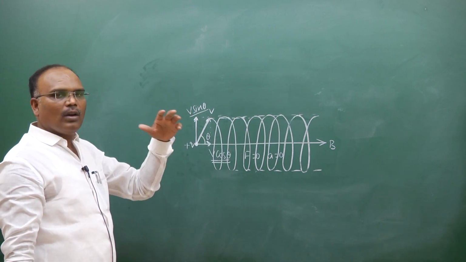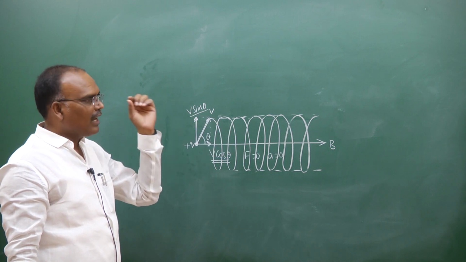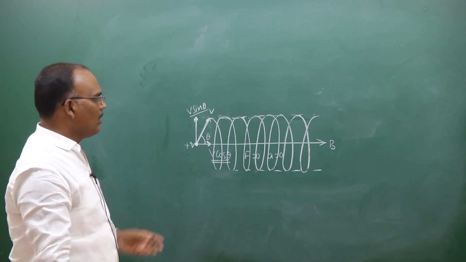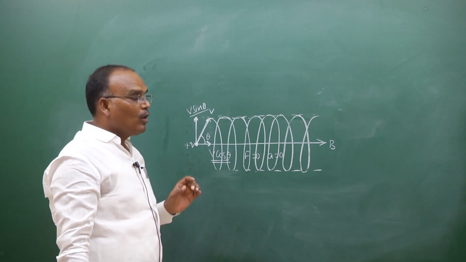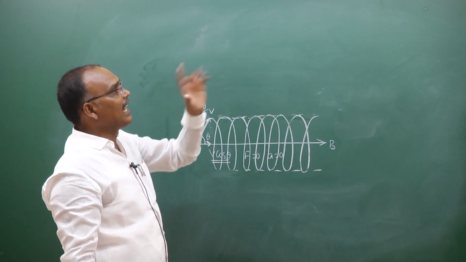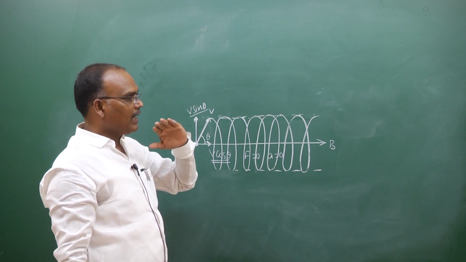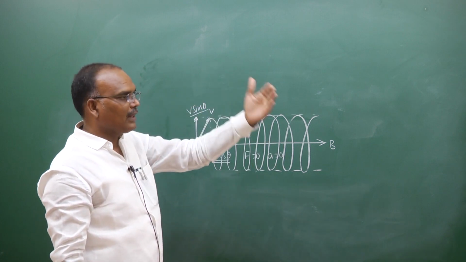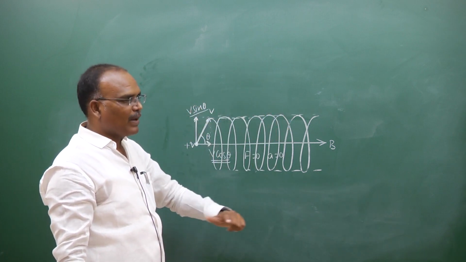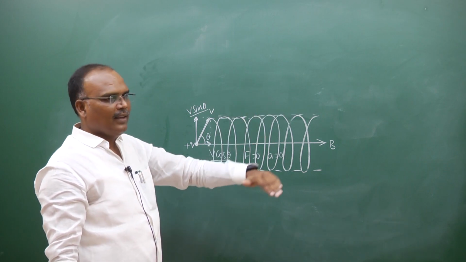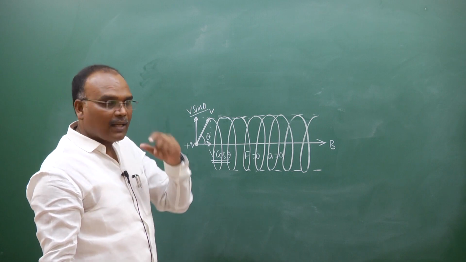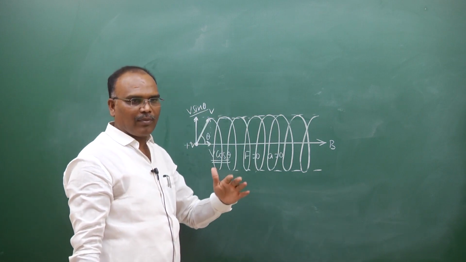There also the kinetic energy is the same. If you throw with 180 degrees, the velocity is also the same. Even when you throw with an angle of 90 degrees, the particle is revolving in a circular path, but the speed of the charged particle is the same everywhere. Velocity is a vector, so when direction changes, velocity changes, but the speed of the particle is the same.